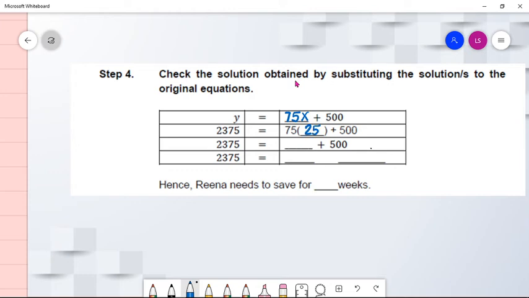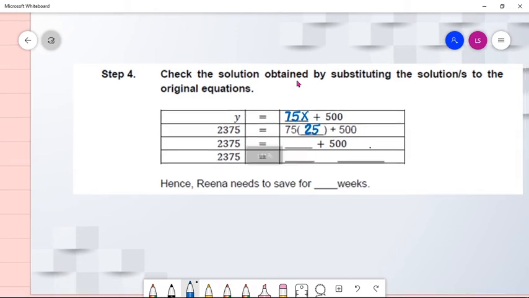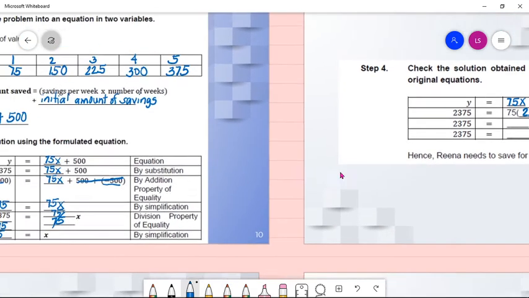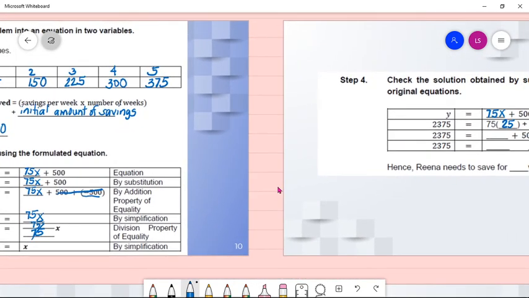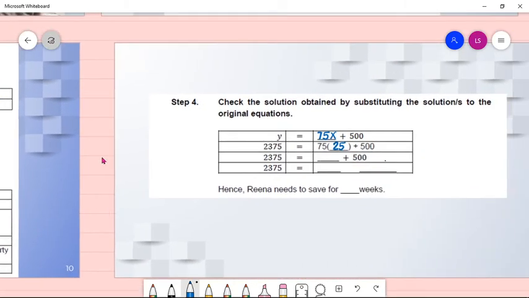So 75 times 25, the answer is 1,875. 1,875 plus 500, that is 2,375.